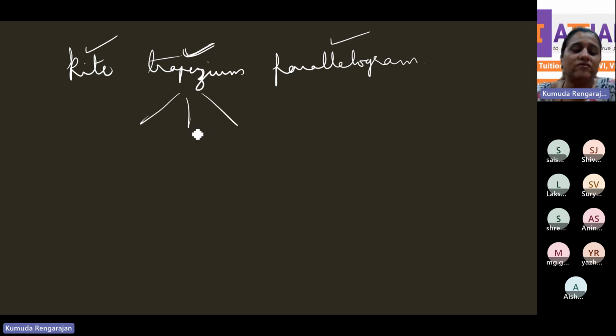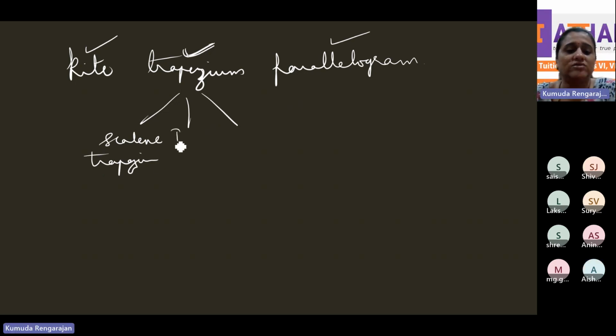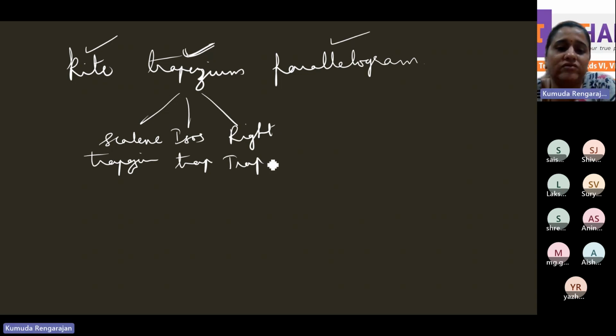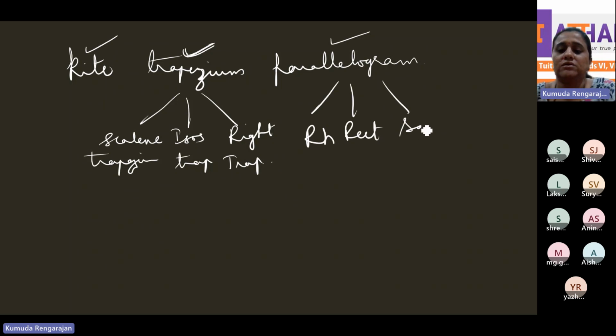Now trapezium, we have scalene trapezium, isosceles trapezium, and right trapezium. And parallelograms, we have rhombus, rectangle, and square.